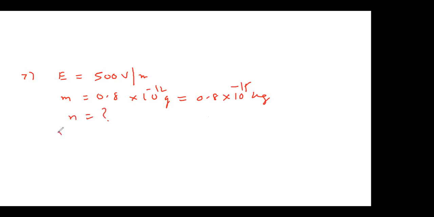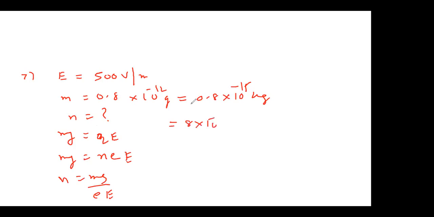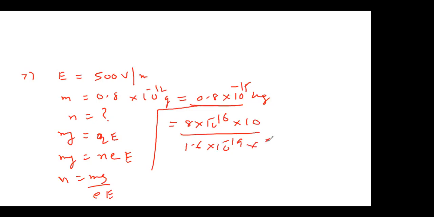So again, mg equals charge q into E. Therefore, mg equals n times charge of 1 electron into E. We want n is mg upon e into E. m is 8 into 10 raised to minus 16, g is 10, e is 1.6 into 10 raised to minus 19 and capital E is 500.